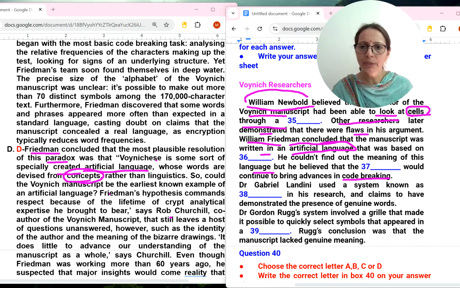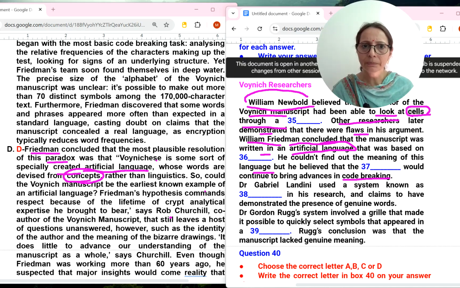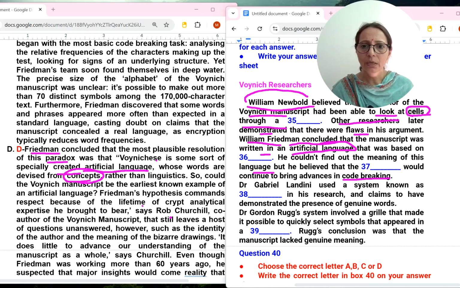So could the Voynich manuscript be the earliest known example of artificial language because of the lifetime? Friedman's hypothesis commands respect because of the lifetime of this and this and this, meaning he couldn't understand, but he believed that that would continue. Code breaking word was, code breaking is here.